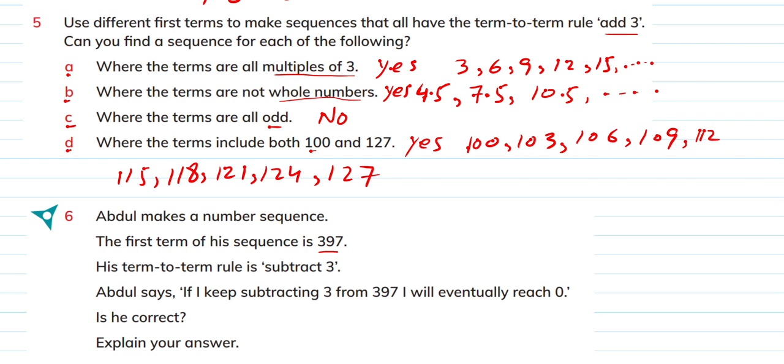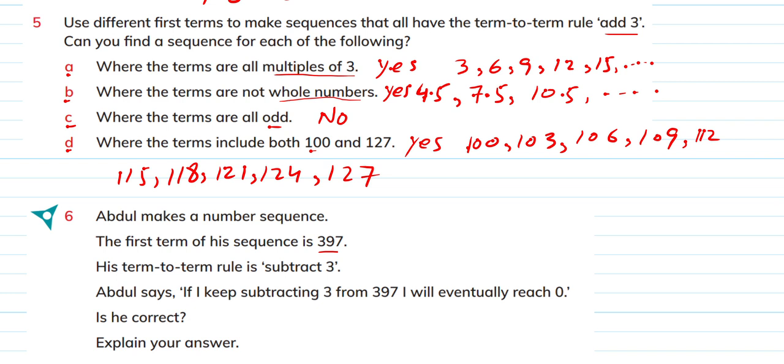Look, if you subtract 3 every time, it means your jump is of 3 every time. Now, 397 you cannot divide by 3, but 0 you can divide by 3. It means if you minus 3 every time, you are starting with a number which is not a multiple of 3.